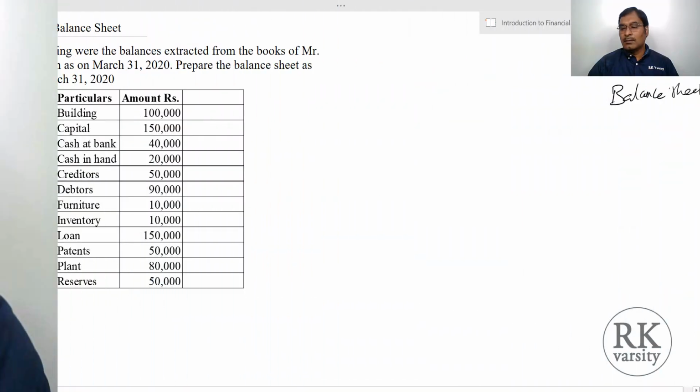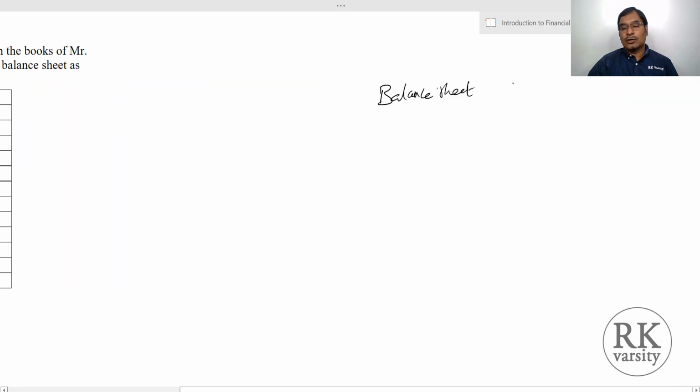Balance sheet, which is also known as statement of position, is prepared as on a particular date. In the sense, suppose if a financial year is ending on 31st Jan, then it is prepared on 31st Jan of that year.